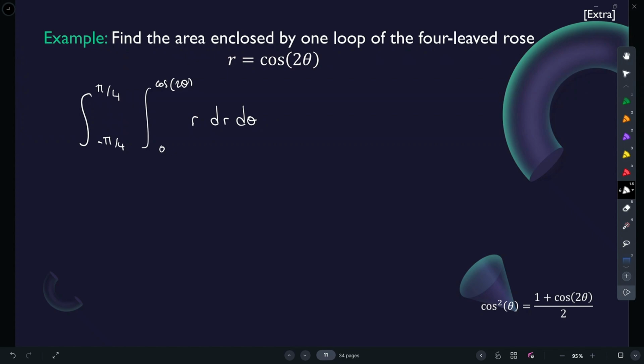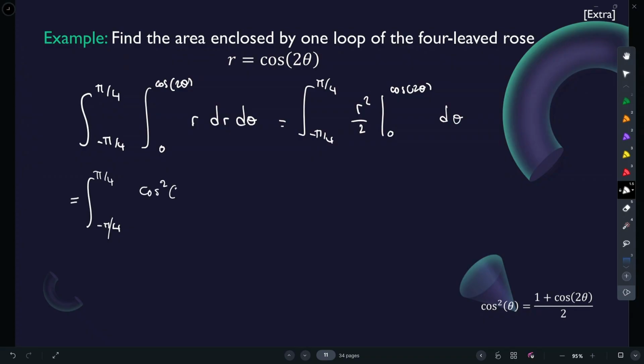All right, so the integral with respect to r is super easy. That is just r squared divided by 2. But I have to evaluate it, unfortunately, at these two functions. And that's going to give me the integral from minus pi over 4 to pi over 4 of cosine squared of 2 theta divided by 2 minus 0 squared divided by 2, so that's just 0.